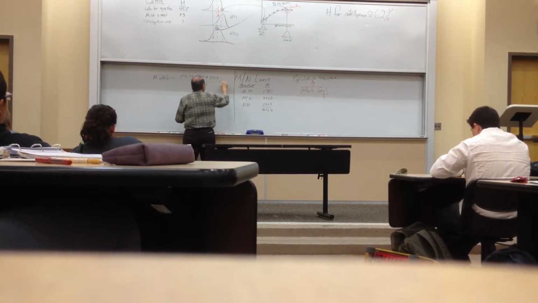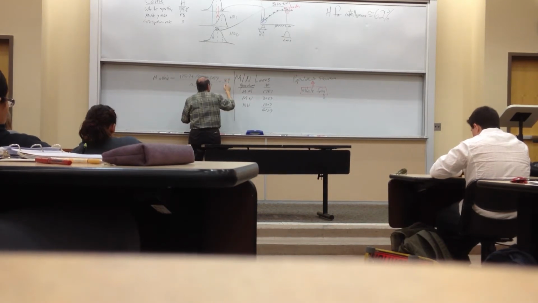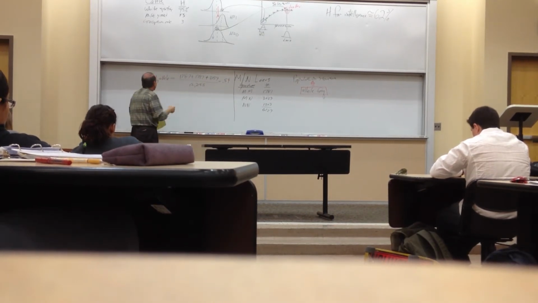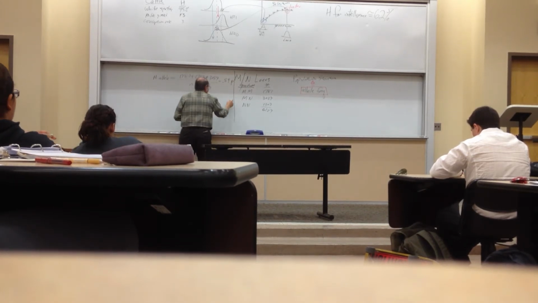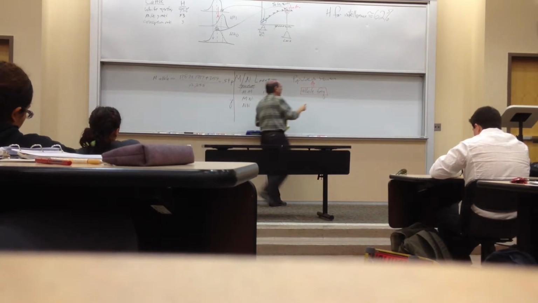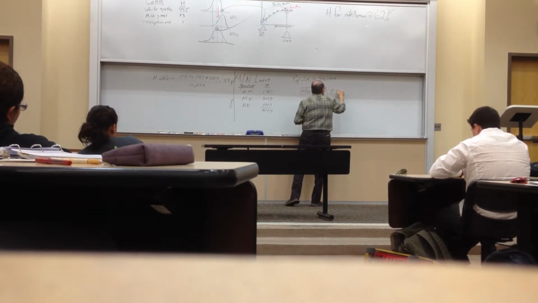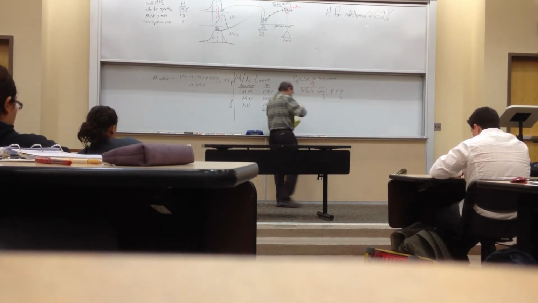So this comes out to 0.54. We're going to let this equal p. And so we're going to use p and q for allele frequency.